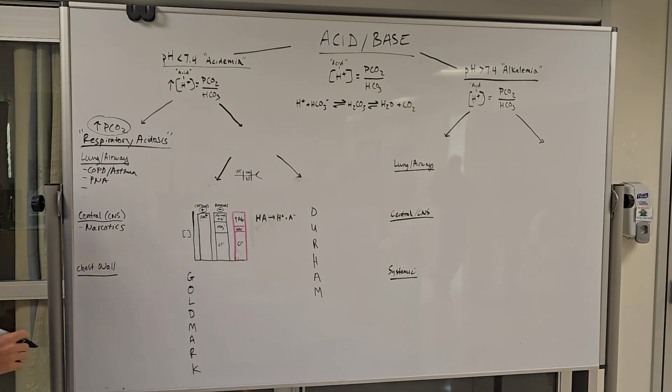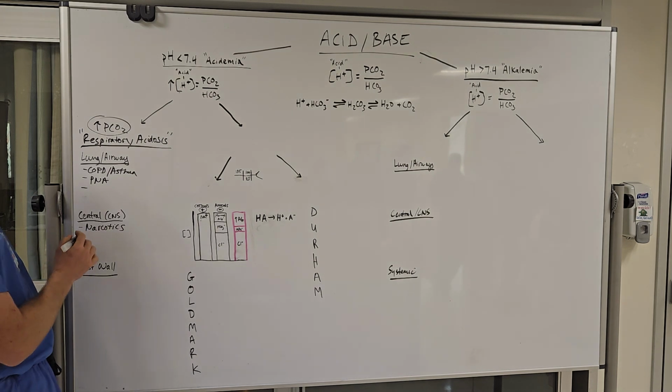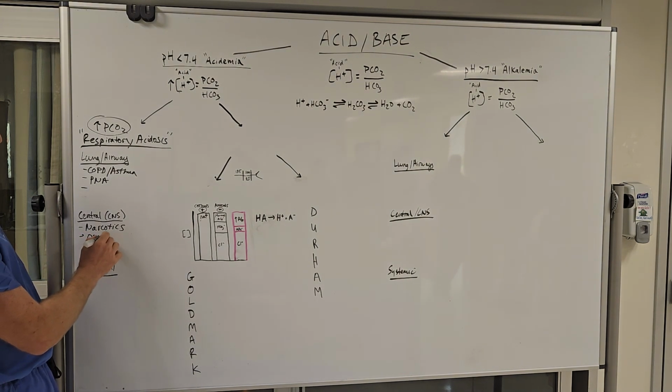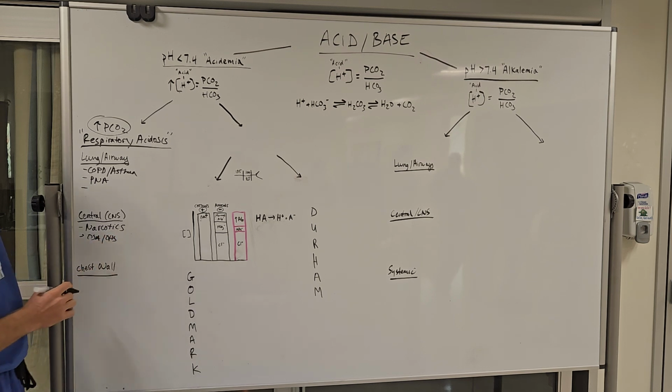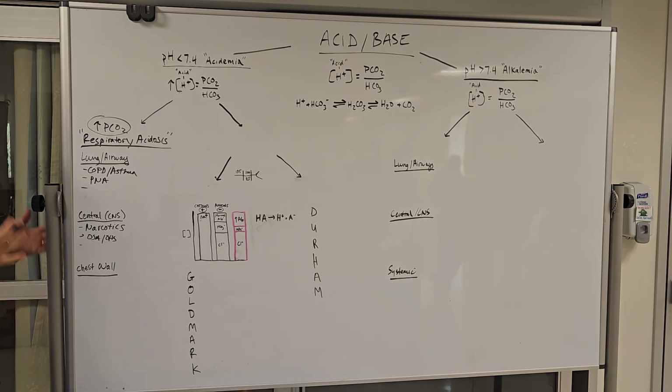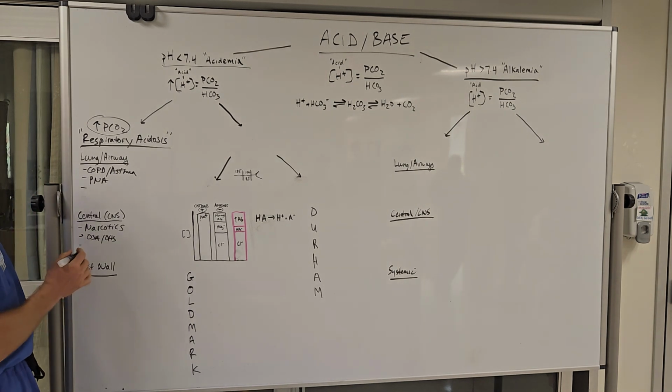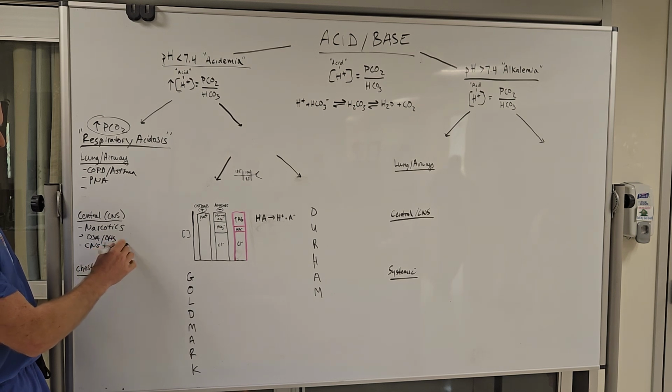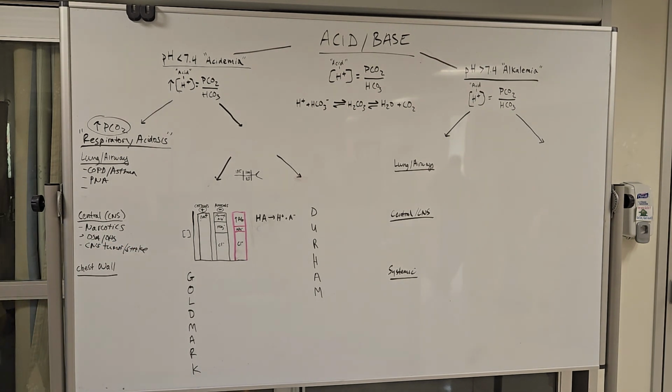We do it to them. And then you can have other things like obstructive sleep apnea, obesity hypoventilation syndrome. You're just not ventilating as well, not breathing as much. You can have a CNS tumor or stroke to your respiratory centers that causes them not to function as well and hypoventilate. Does that make sense?